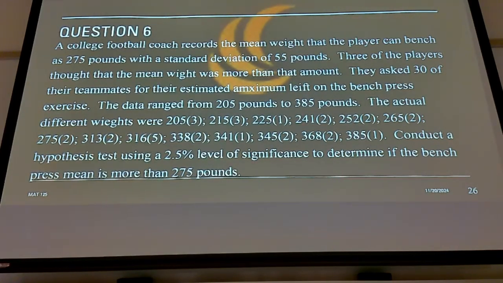I'm not reading that whole thing. First, we want the null.